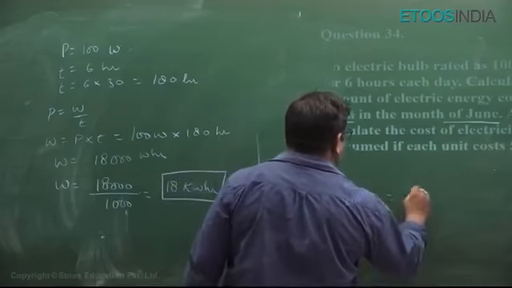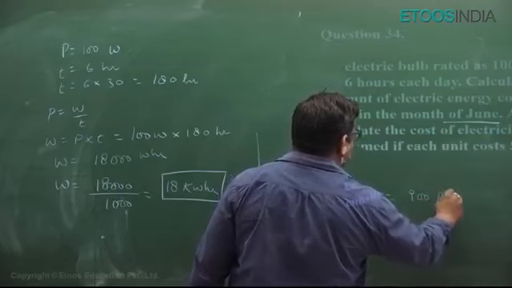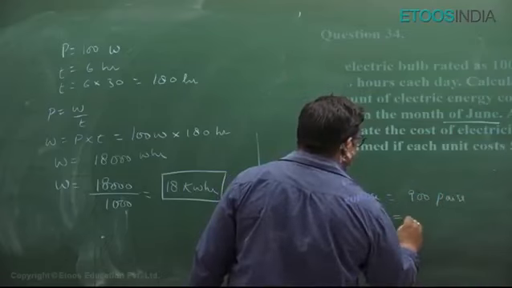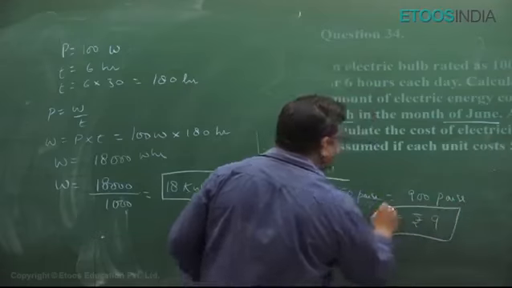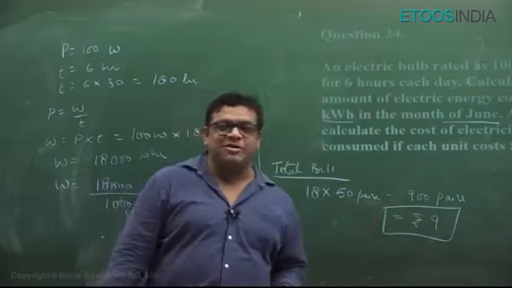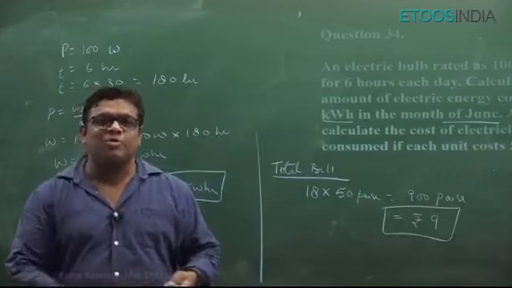So the answer will be 900 paise or rupees 9. Can you see, is it possible? Such an easy bill in the month of June. So let's come on to the next question.